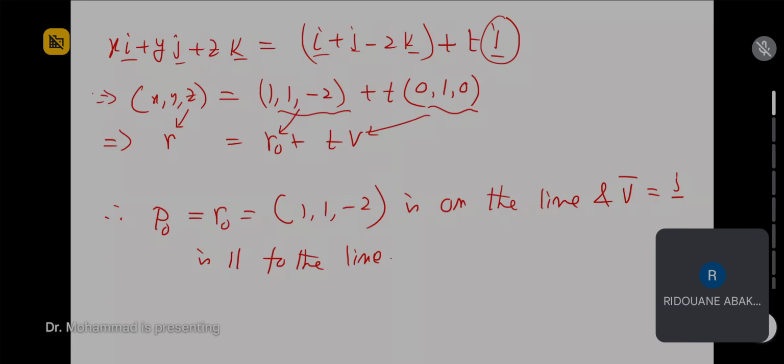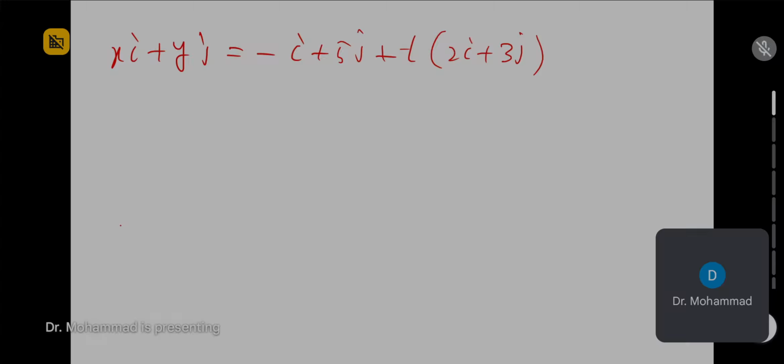Yes, sir. And next, for example, we take another example, xi, yz. So please tell me the point P naught or the point P. What is P? What is our point P?